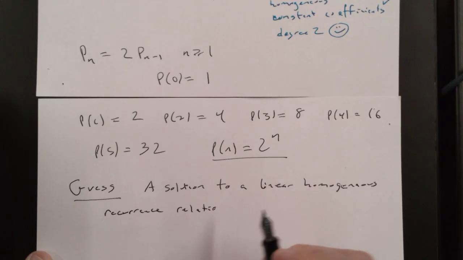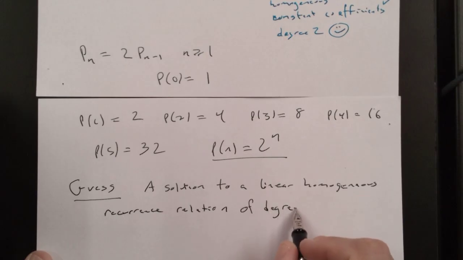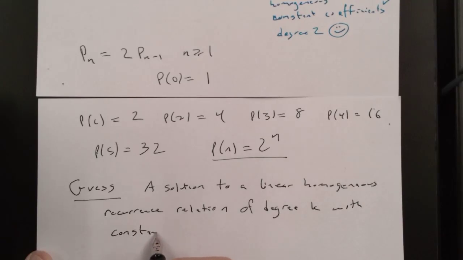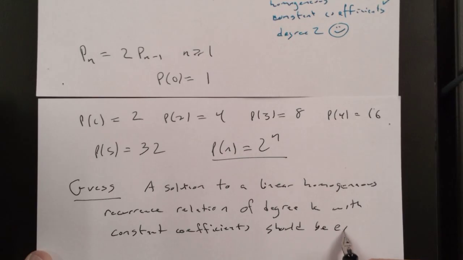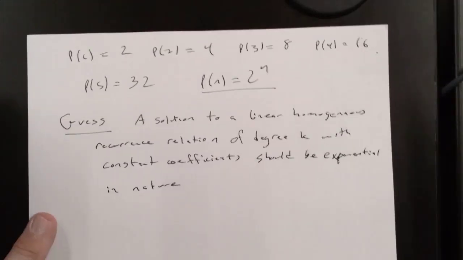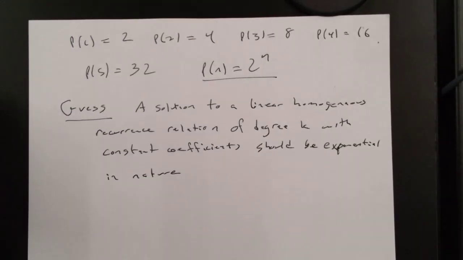A solution to a linear homogeneous recurrence relation of degree k with constant coefficients should look like an exponential thingy.